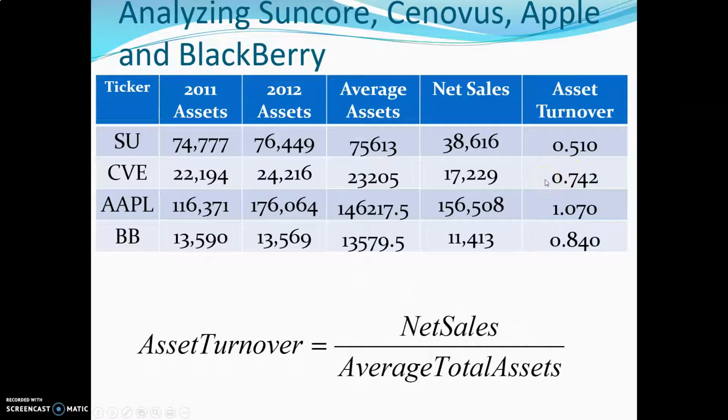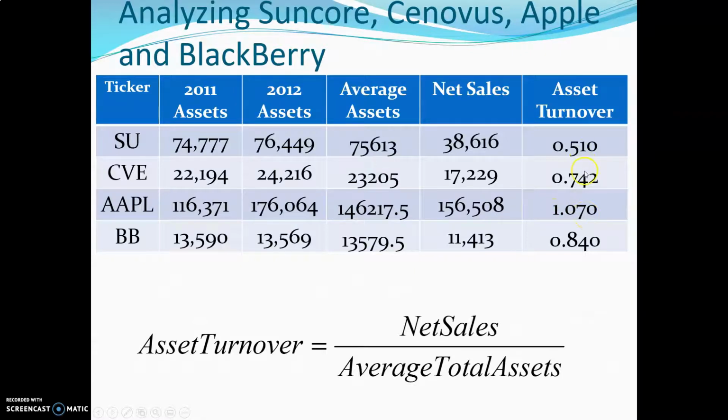Now, if we were to try and compare these to an industry, for example, the industry of smartphones, it's like comparing apples and oranges. They've got different assets, and therefore their asset turnover ratios will be very different, and that's definitely represented here. Apple ends up having an asset ratio turnover of 1.07.